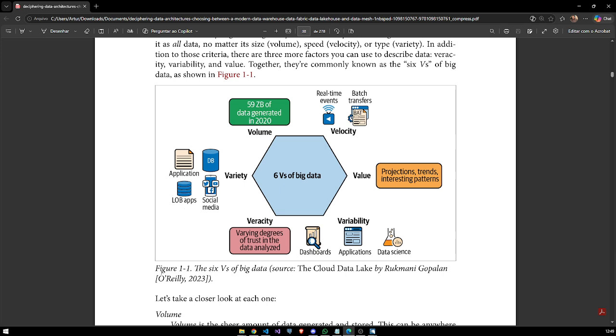In this figure, we have the 6 V's of big data, and I want you to pay attention to it, because the first part of this figure is about where the data comes from. The data can be extracted by applications like ERP software that save the data in databases like Oracle, SQL Server, and Postgres.